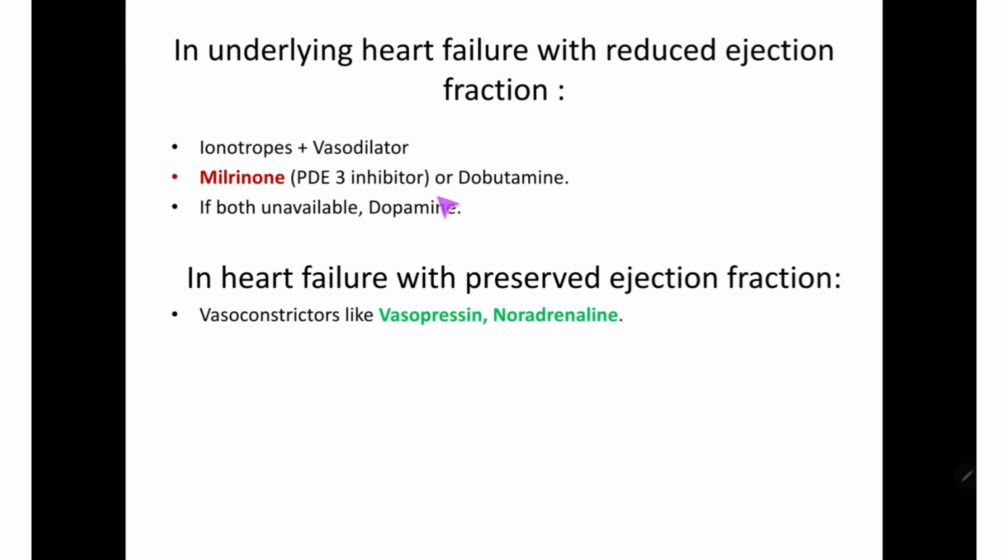If milrinone is not available, the second choice can be dopamine, and to use dopamine we need a systolic blood pressure of more than 100. In heart failure with preserved ejection fraction, we have to give vasoconstrictors like vasopressin and noradrenaline.